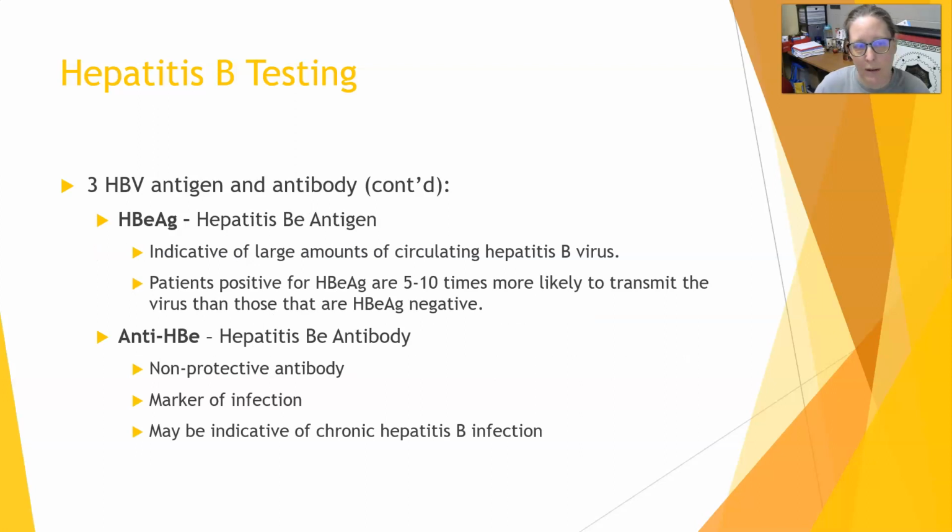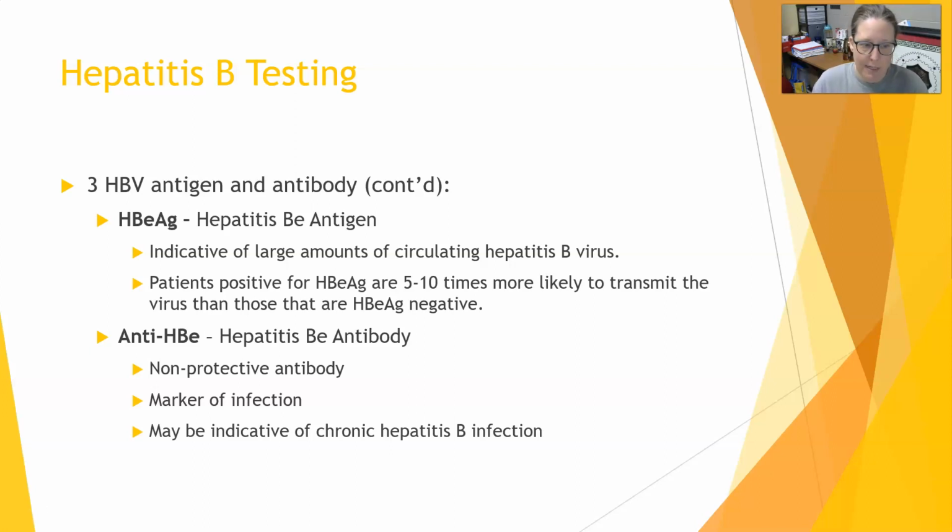And then we have the E antibody, E for envelope. So first, the antigen. So first is the hepatitis B E antigen. It's indicative of large amounts of circulating hepatitis B virus, so really fulminant infection. Patients that are positive for hepatitis B E antigen are 5 to 10 times more likely to transmit the virus than those that are hepatitis B E antigen negative.